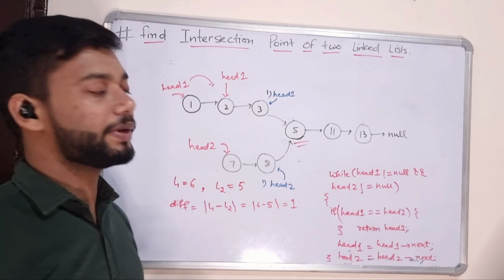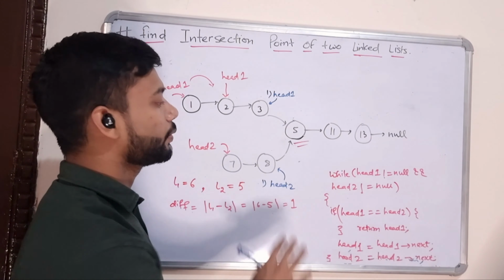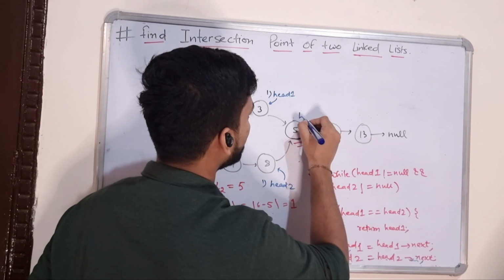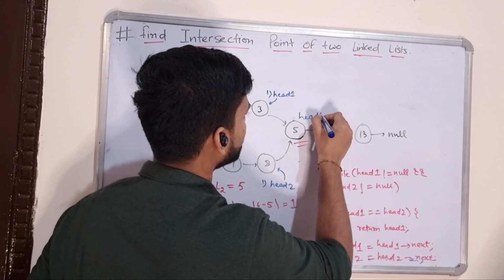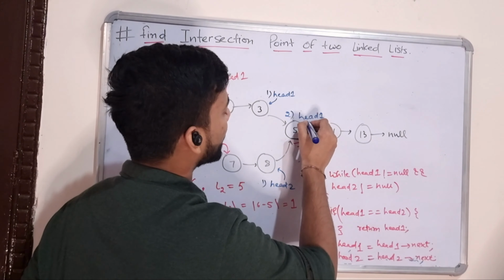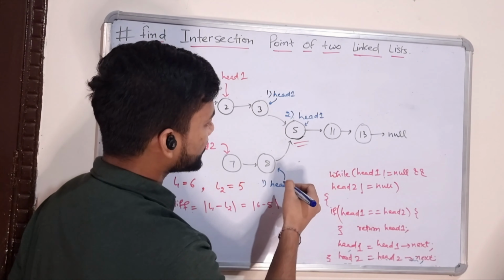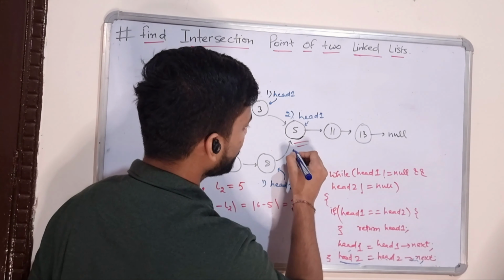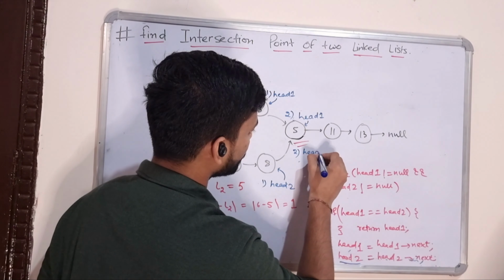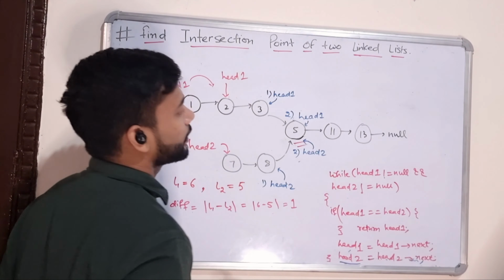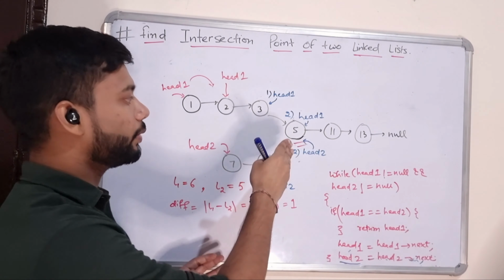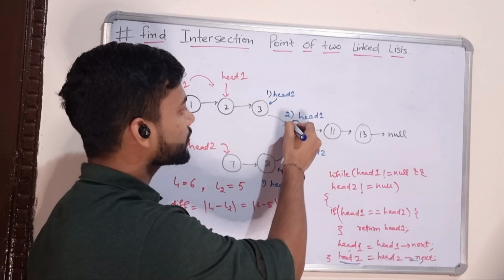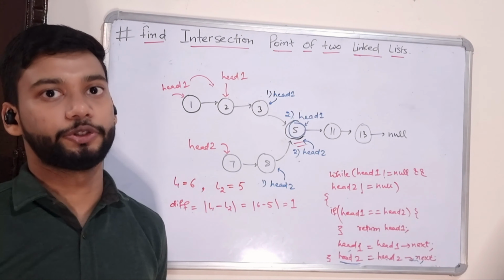Now we will again compare: is head 1 equal to head 2? Which is not true. So head 1 will move by one step and come here. This is our second iteration. In the same iteration, head 2 will also move by one step and come here. Now we compare: is head 1 equal to head 2? Which is true, hence we will return this node, which will be our solution.